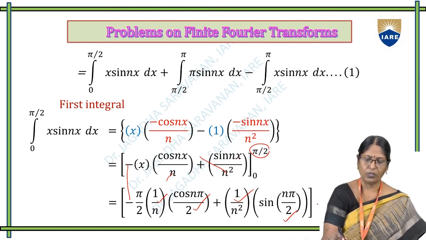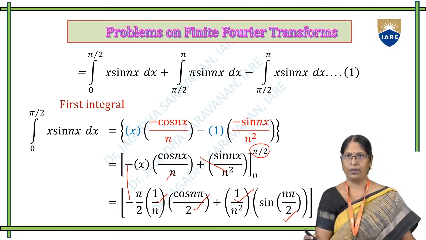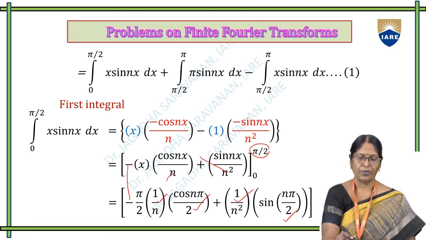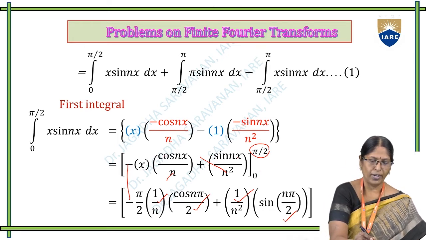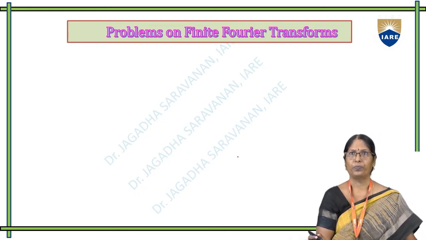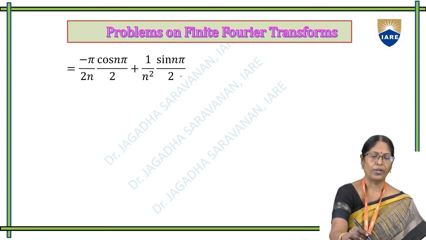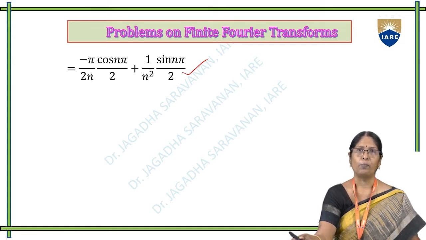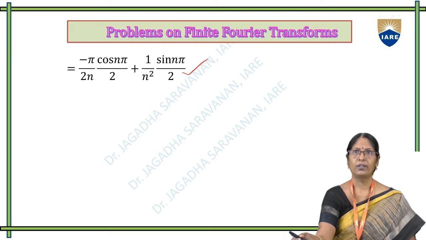The 0 here, this lower part, is not at all written here. The reason is 0 into anything is 0. Sin 0 is 0. So we got it. The first integral result is minus pi by 2n cos n pi by 2 plus 1 by n square sin n pi by 2.